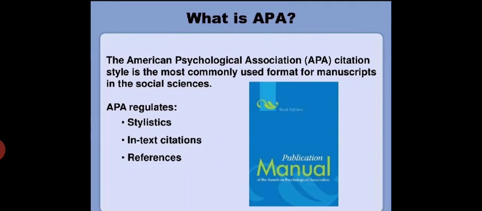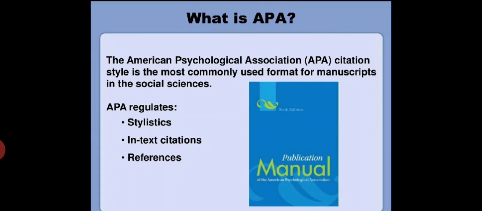First of all, let's try to understand what is APA. APA actually is an abbreviation of the American Psychological Association. This is a citation style, the most commonly used format for manuscripts in the social sciences. English language and linguistics is a subject of social sciences.